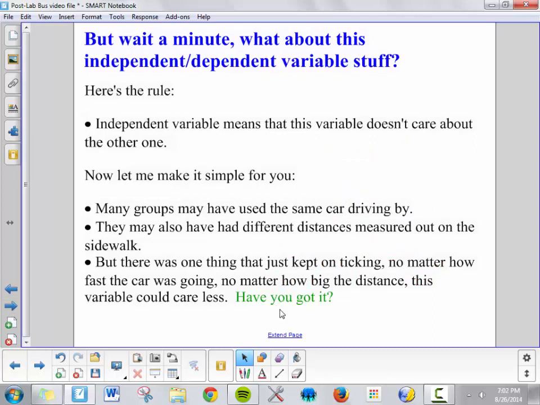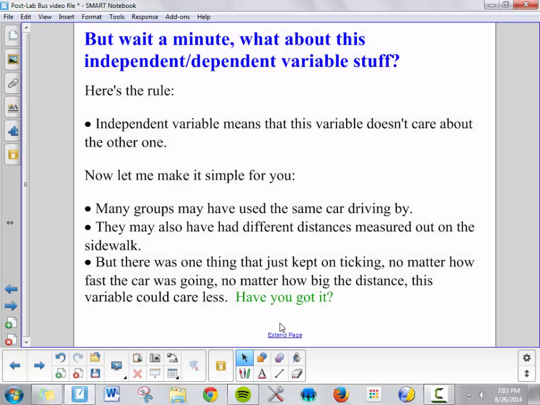As a quick aside, what's the difference between a dependent or independent variable? The independent variable is any variable that is completely independent or does not care at all or is not impacted at all by the other variable. In this case, think about what you measured. Many groups chose the same car.